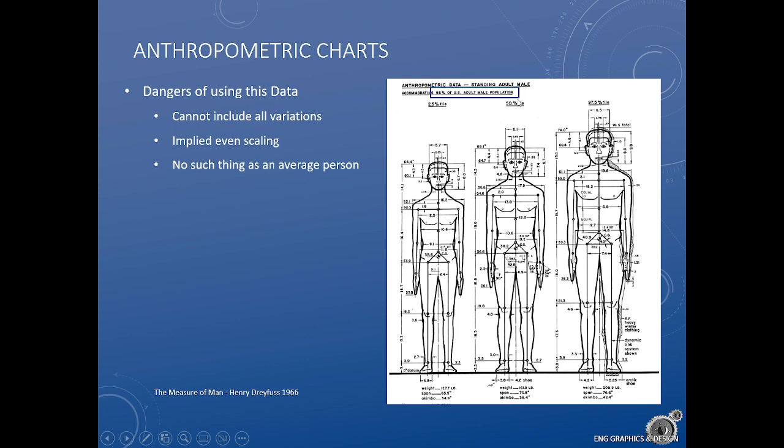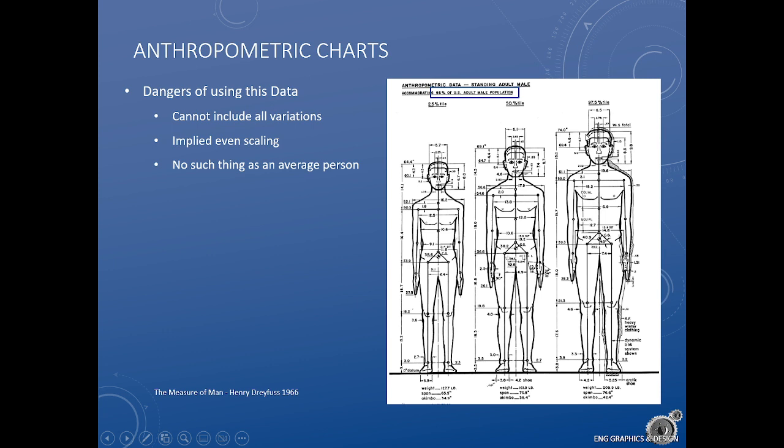So half of people are bigger than this, half are smaller. Few people are right on it. And then here's our 97th percentile, and here's our second percentile. So 2.5% of people are this small or smaller, 2.5% of people are this big or bigger, and 95% of people fit in this range.